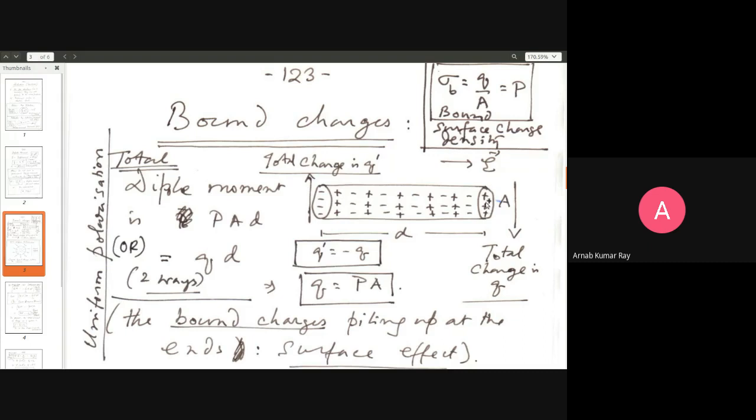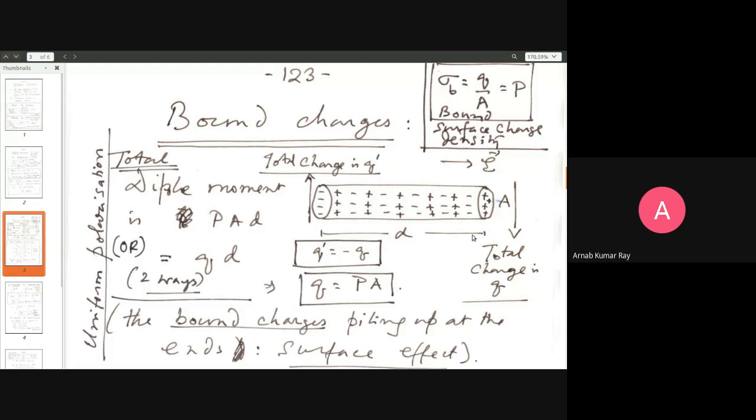This is the positive end. Q amount of charges has gathered over here, and minus Q has gathered here. So Q prime is equal to minus Q. Okay. The length of this rod is D. And the area of cross-section of this rod is A.